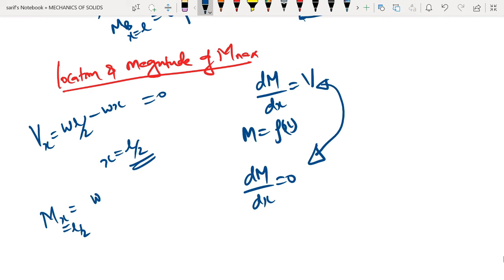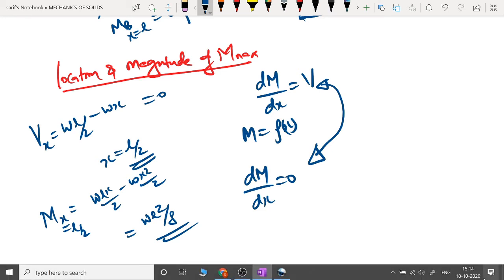The expression for bending moment was WLx by 2 minus Wx squared by 2. If you substitute x is equal to L by 2 here, you will still get the value WL squared by 8. So there are numerous ways in which we can always find out the maximum bending moment. I hope the idea is clear.